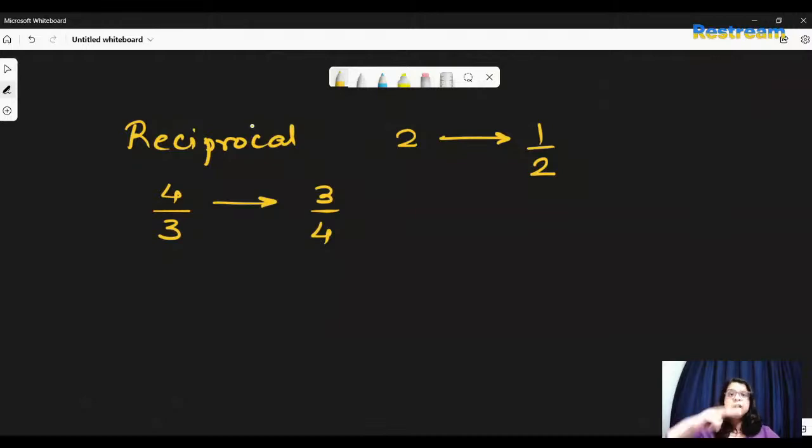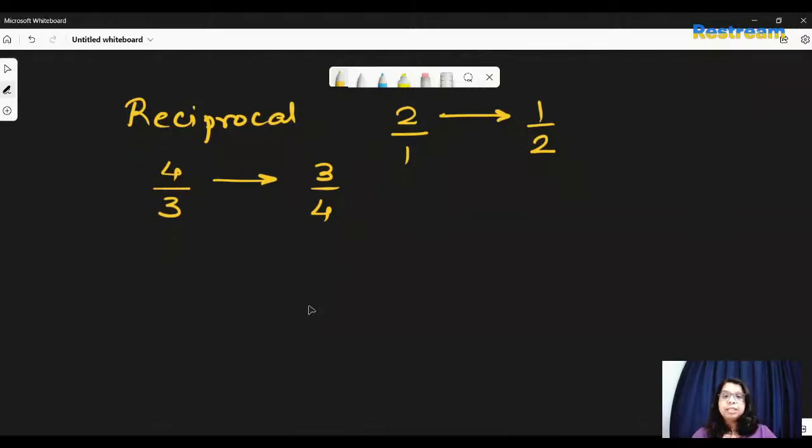So you just flip the fraction. Whenever you have a whole number, you can always imagine that it is divided by 1, since there is nothing in the denominator, and then you can take the reciprocal. So let's see how we can do the division.